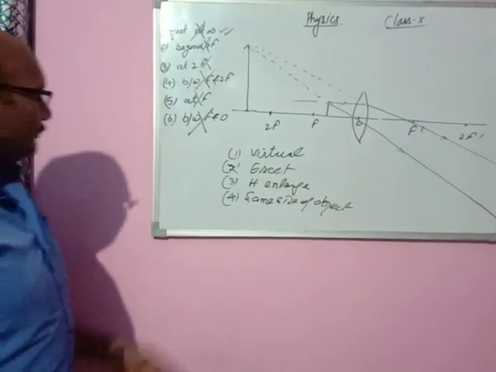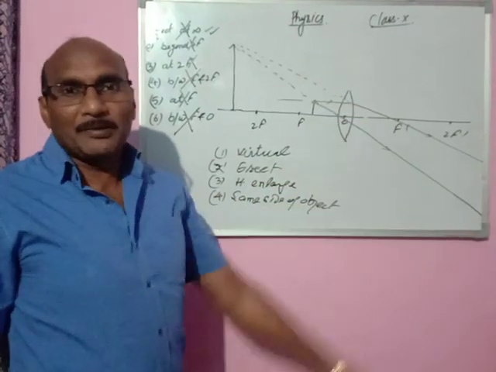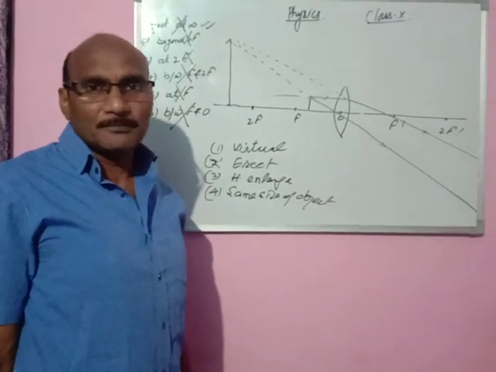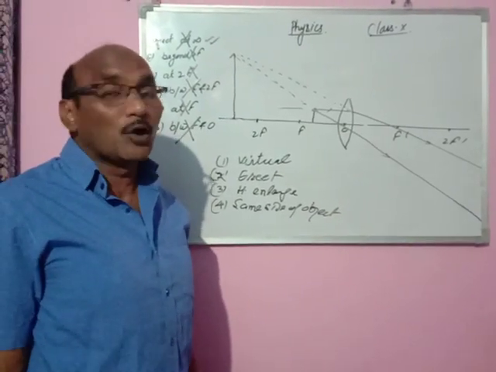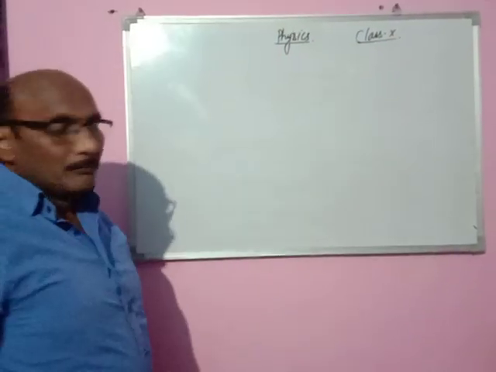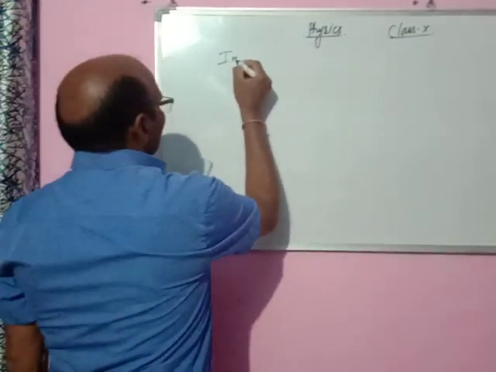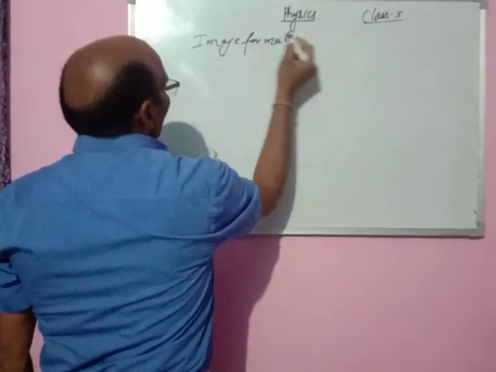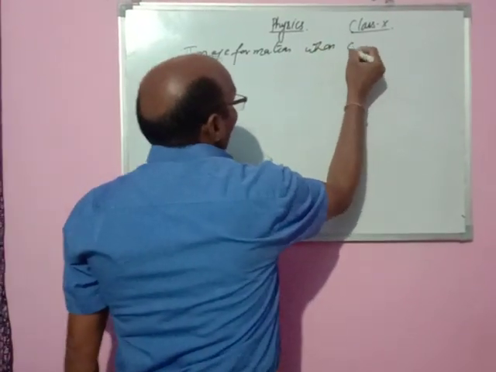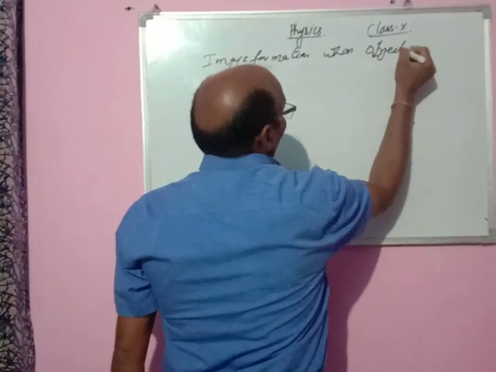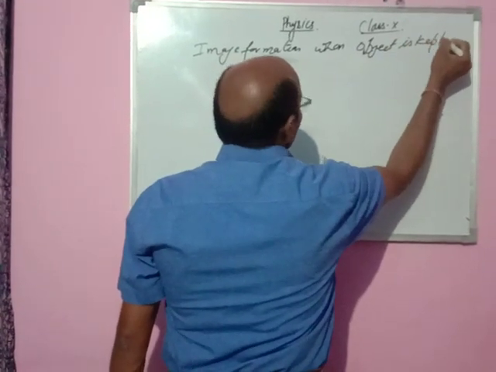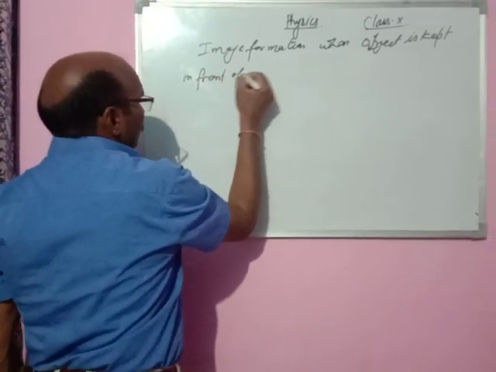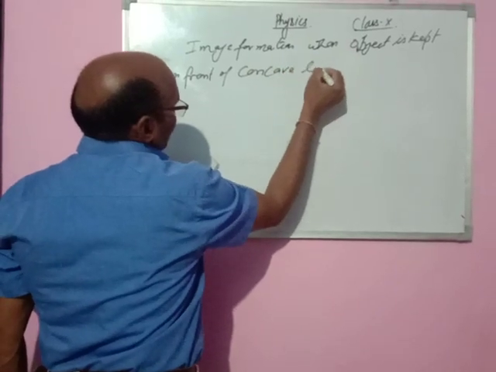Now these were the ray diagrams when object was kept in the front of a convex lens. Now we will discuss the ray diagrams when object is kept in the front of a concave lens. Okay. Now image formation when object is kept in front of concave lens.